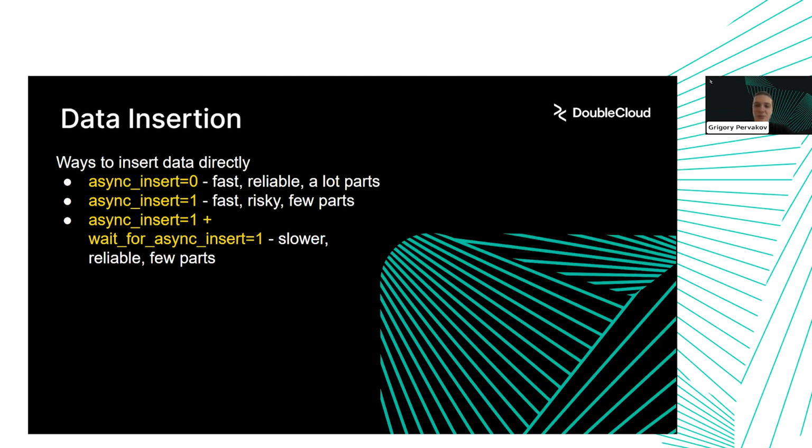Yes, so small batches would create a lot of parts. ClickHouse could be unable to merge so many in a short time, and it has an internal restriction on how many parts could be held in one table. So at one point you'd get an error like too many parts, and with cloud storage it would come much faster because merges in cloud storage are performed slower. There are several approaches to deal with it.